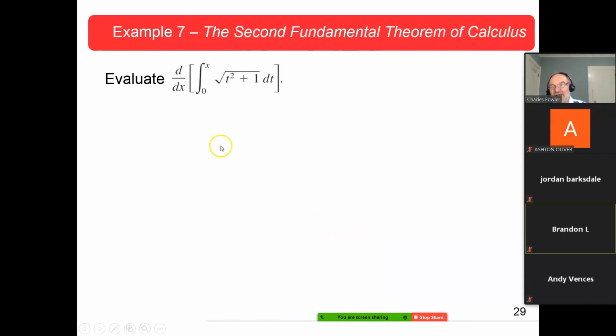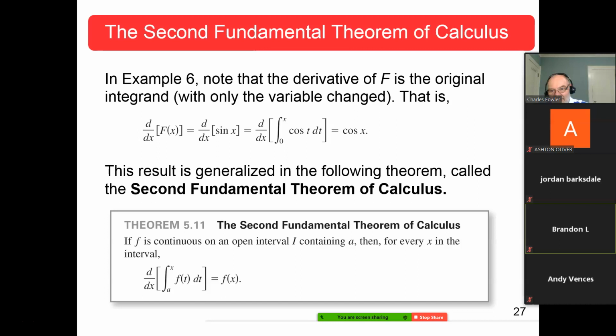So here we say evaluate d by dx, the derivative of the integral from 0 to x of this thing in here. Okay. Now, if you go back a couple of slides here, this one right down here, this was f of t dt, we just put x in there.